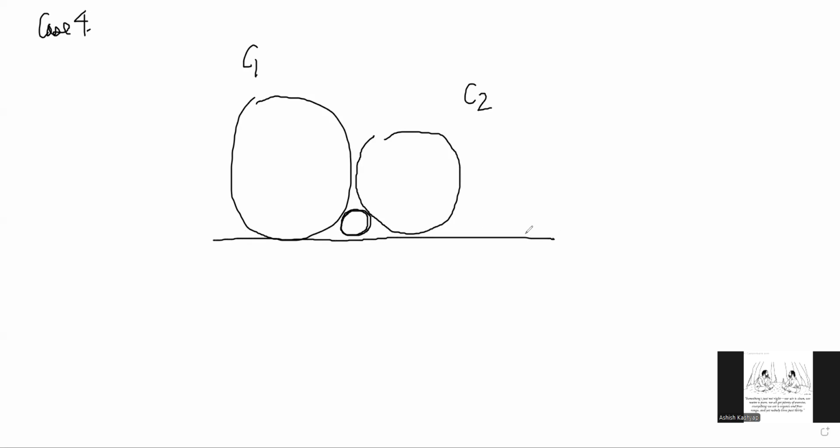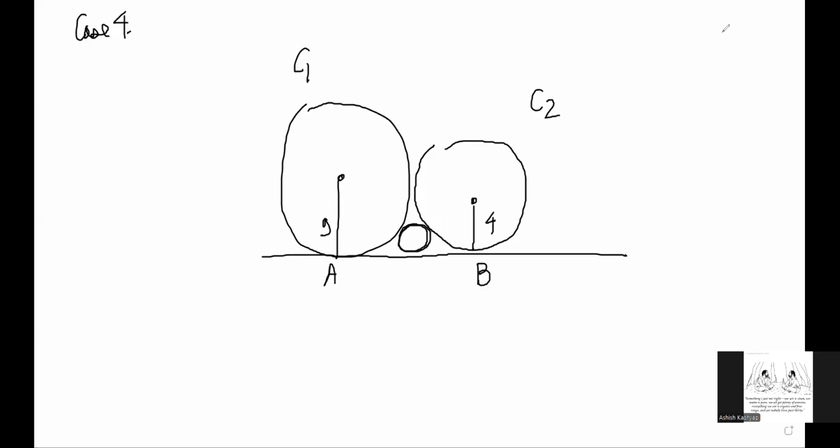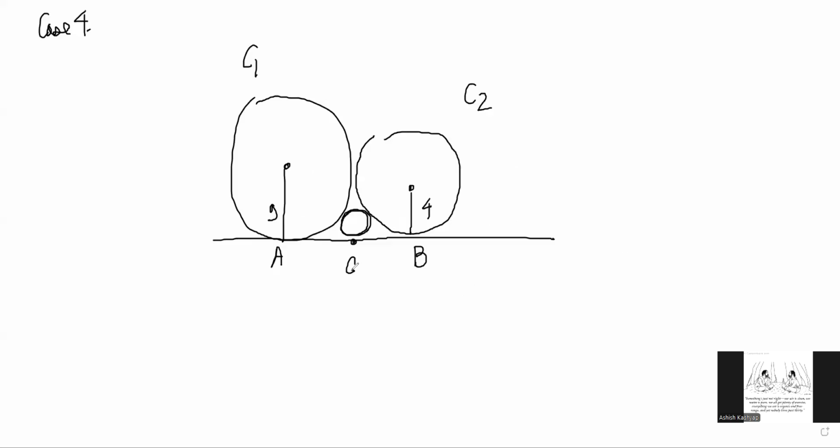This is also a possibility, right? So here, this is my circle C. It has radius R, and this has radius 9, and this has radius 4. And I am still trying to find AB. Let's label this point of contact as C.